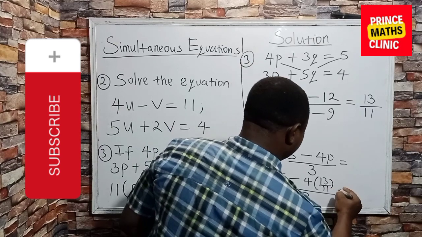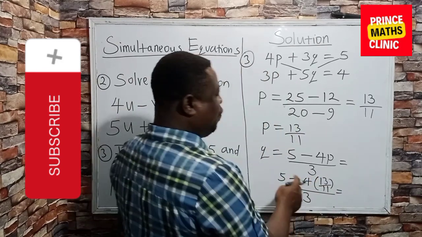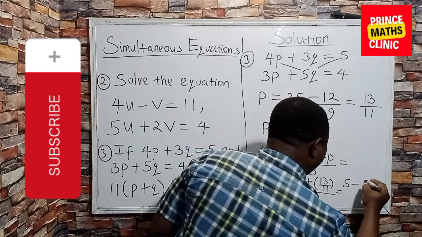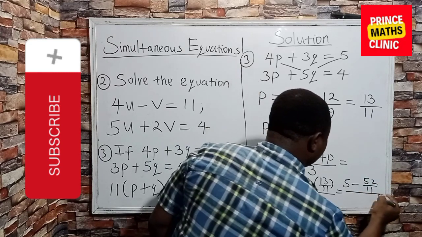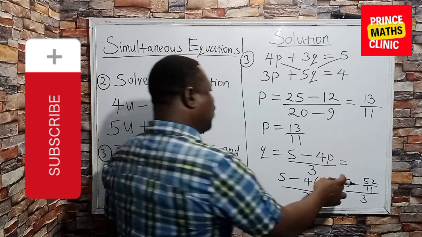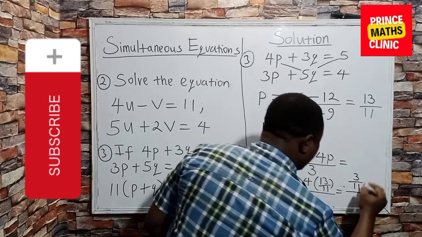In this case, 4 times 13, 52. So this becomes 5 minus 52 over 11. Everything divided by 3. So if you do 5 minus 52, what you obtain is 3 over 11.